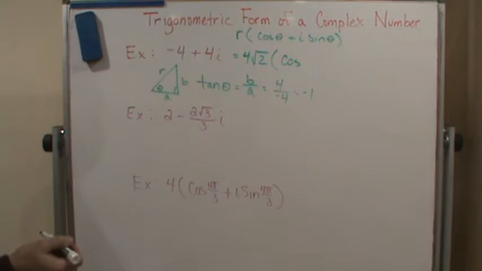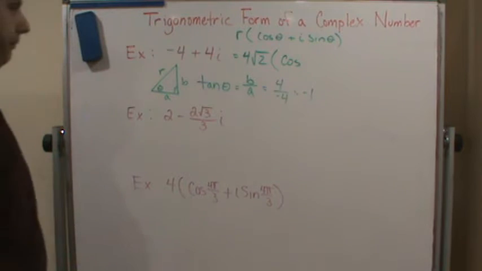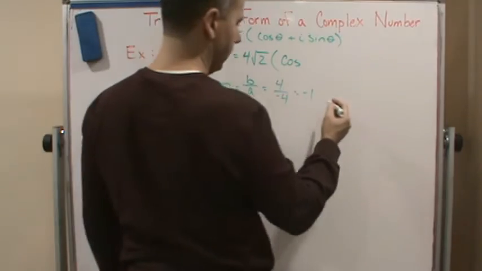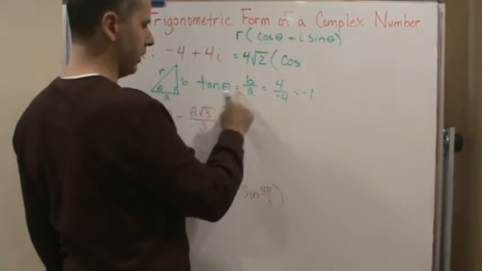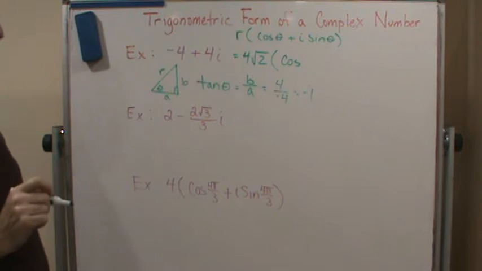And in this case, we're going to get 4 pi over 3, or excuse me, 3 pi over 4. So the angle whose tangent equals -1, in this case, is 3 pi over 4.